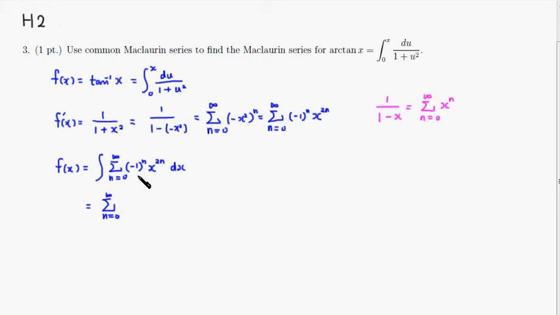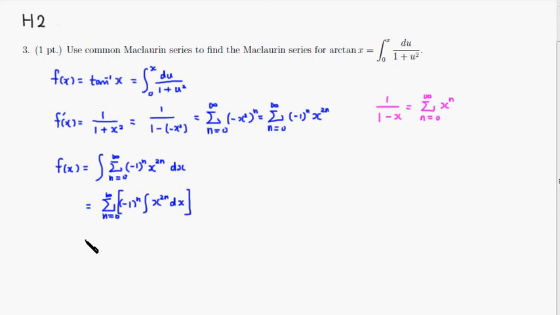Also, negative 1 to the n is just a constant, so we can put it outside as well.